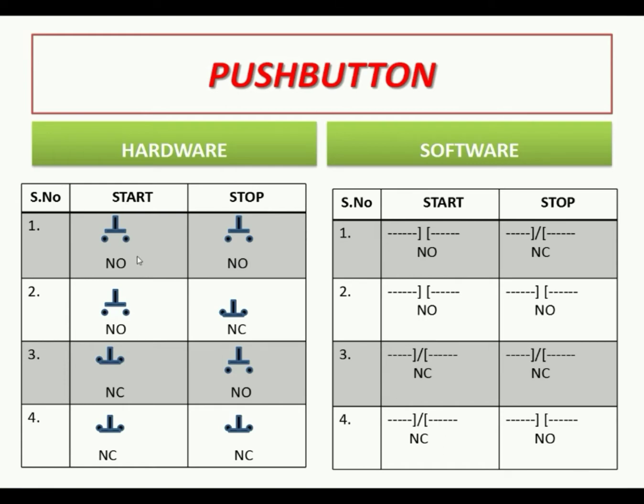So there are four conditions that I have shown you, whether your input start button could be NO or NC, and the stop button can be NO or NC. So I have made these four conditions. The first condition is when we have two NO push buttons, the first is NO and the second is also NO. So when we have two NO push buttons, how we will make the changes in the program, you will see.